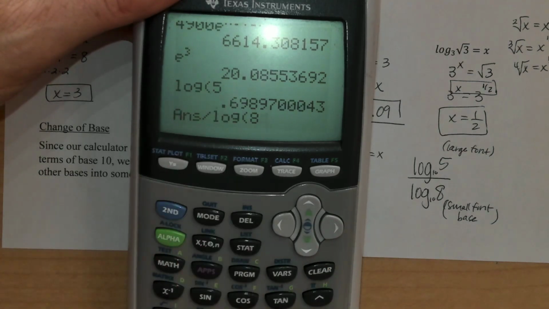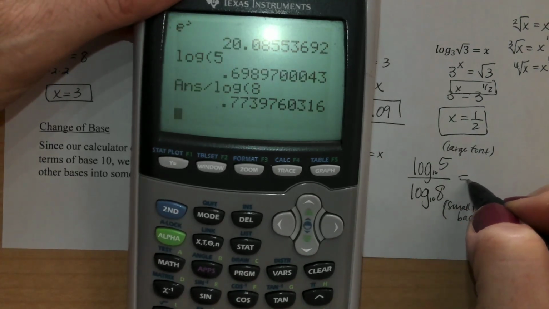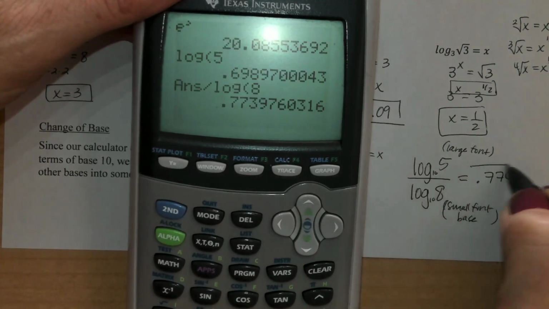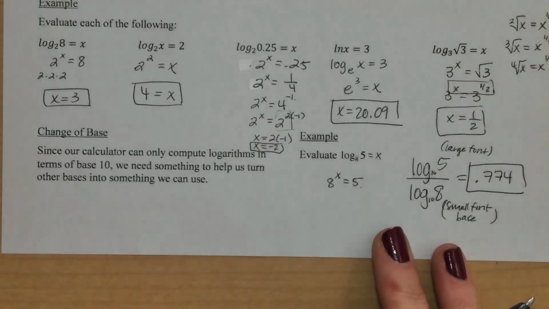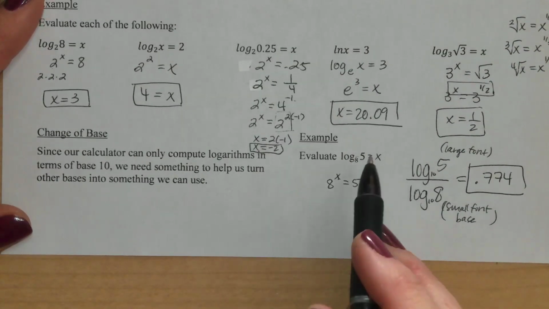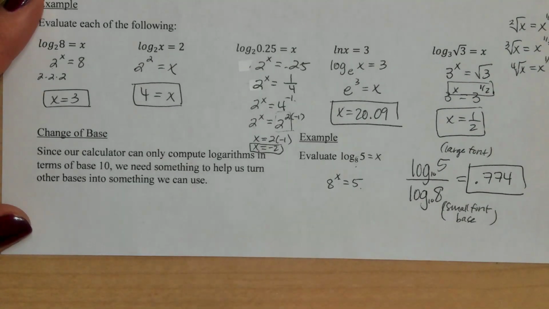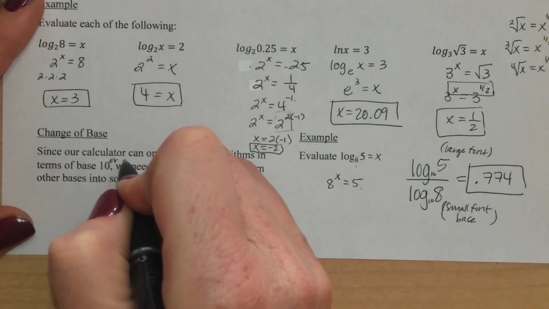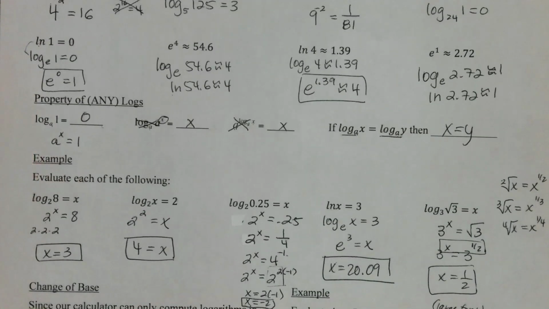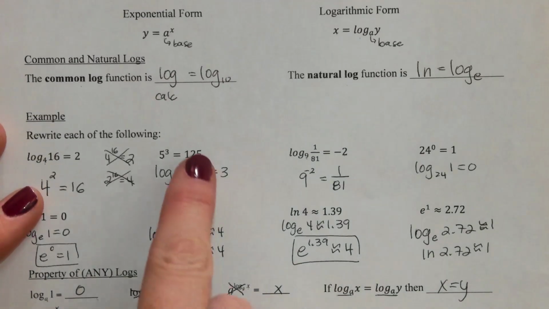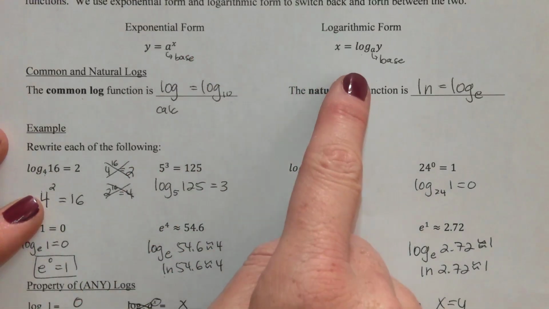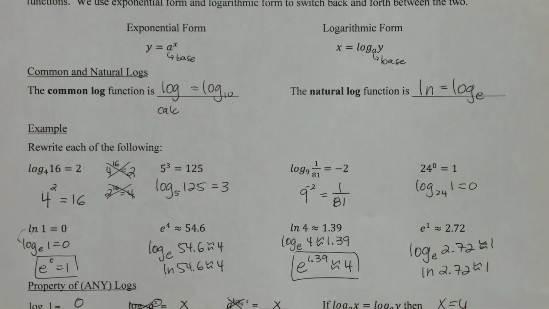So I'm just doing them separately to divide. And I get about 0.774. So that change of base formula allows me to deal with bases that are not base 10 or e. So that's your first step into logarithms, doing a lot of switching between exponential form and logarithmic form in order to solve some problems.